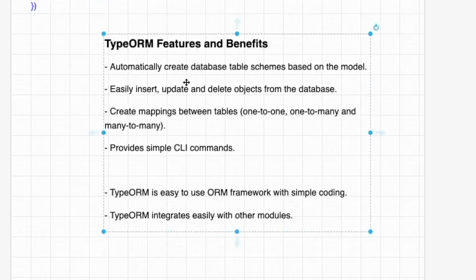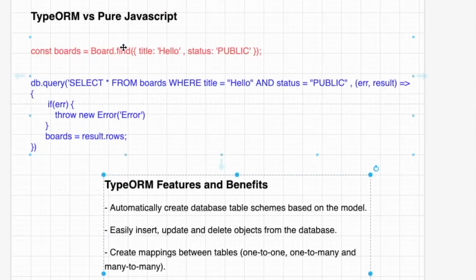Now let's look at TypeORM features and benefits. It automatically creates database table schemas based on the model. So if we make a model for the table, it automatically creates the database table schemas and easily inserts, updates and deletes objects from the database. Like this, this one is much easier than this one.